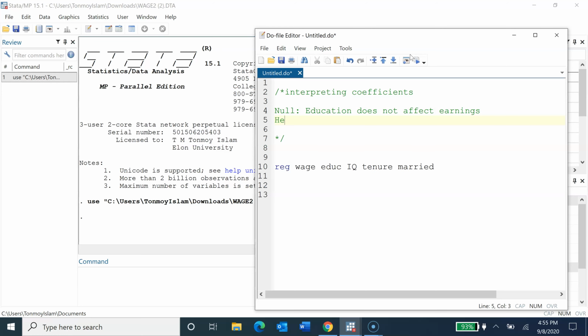The null is always that there is no effect, so the effect of one variable on the other is effectively 0. The alternate is that education does affect earnings. So education has a significant impact on earnings.